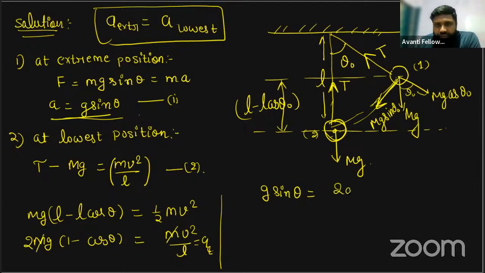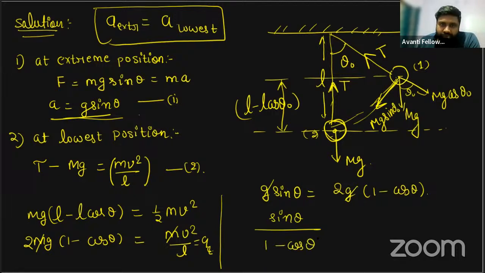So we have 2g times 1 minus cos theta. g and g will also cancel out. So you have sin theta divided by 1 minus cos theta equals 2.